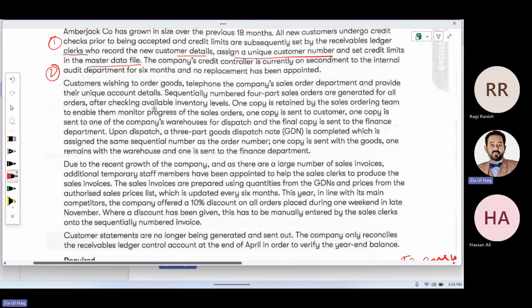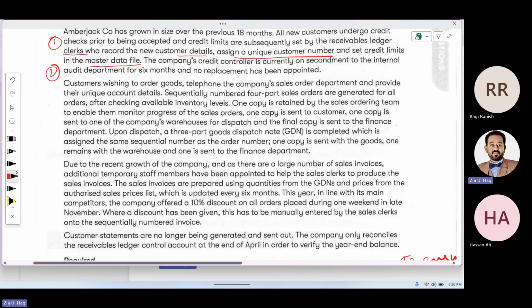After checking available inventory levels, one copy is retained by the sales ordering team to monitor progress of the sale order. One copy is sent to the customer. One copy is sent to one of the company's warehouses for dispatch, and the final copy is sent to the finance department.